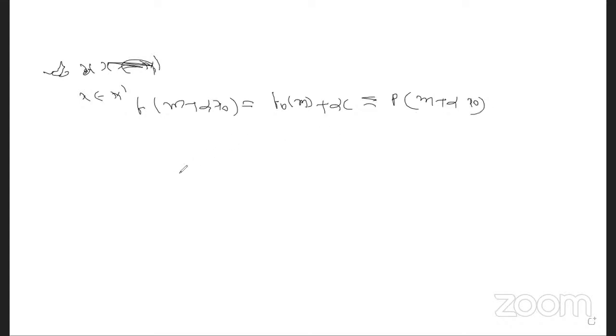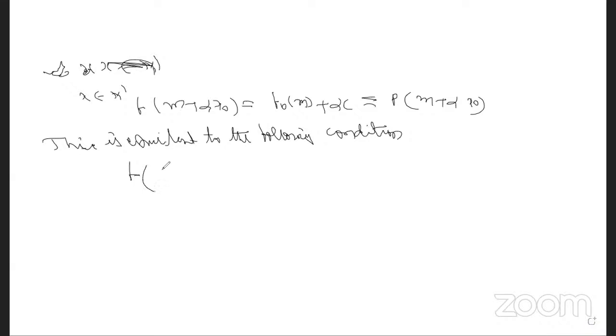So this is equivalent to the following conditions. What are those conditions?